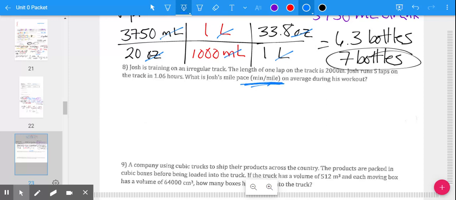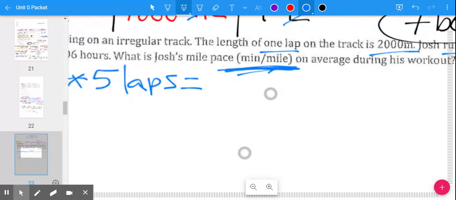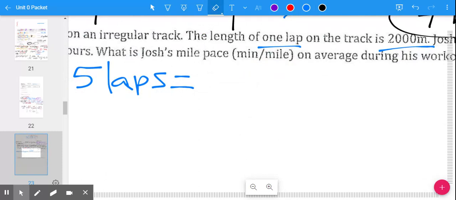So what we're going to start with is we need to figure out how far did he run. It says 1 lap, 2,000 meters, and he went 5 laps. So the first thing we're going to do is 2,000 meters times 5 laps, which means he ran a total of 10,000 meters.